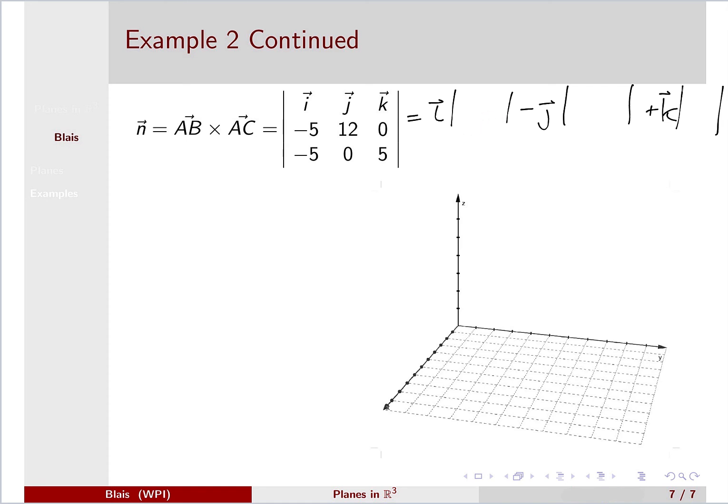And each 2 by 2 determinant is obtained by deleting the row and the column containing this coefficient. So for i, we remove the first row and the first column, which leaves us with 12, 0, 0, 5. For the second 2 by 2, we delete the row and the column containing j, which leaves us minus 5, 0, minus 5, 5. And for the 2 by 2 with k, we delete the row and the column containing k, and we're left with minus 5, 12, minus 5, 0.